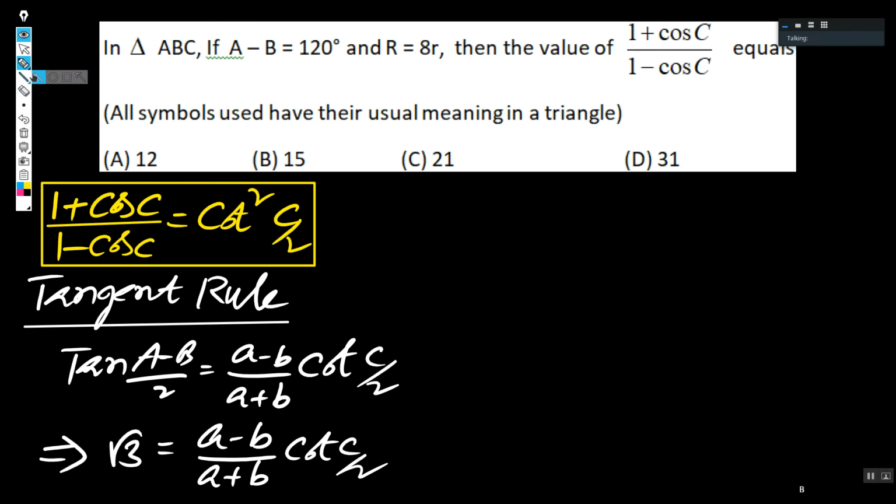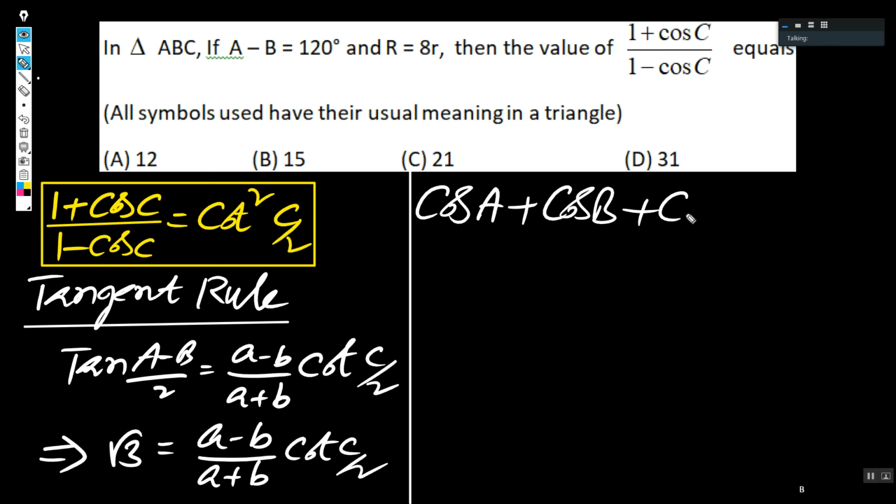You don't think so? Let me check. What is its value now according to this?